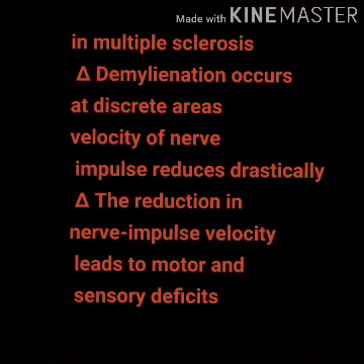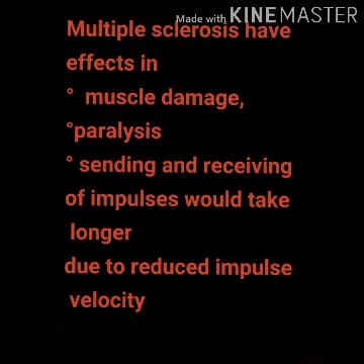The drastic reduction of nerve impulse will also lead to motor and sensory nerve deficit. This nerve impulse deficit can also lead to other issues, which include muscular damage, and it's not only muscular damage.